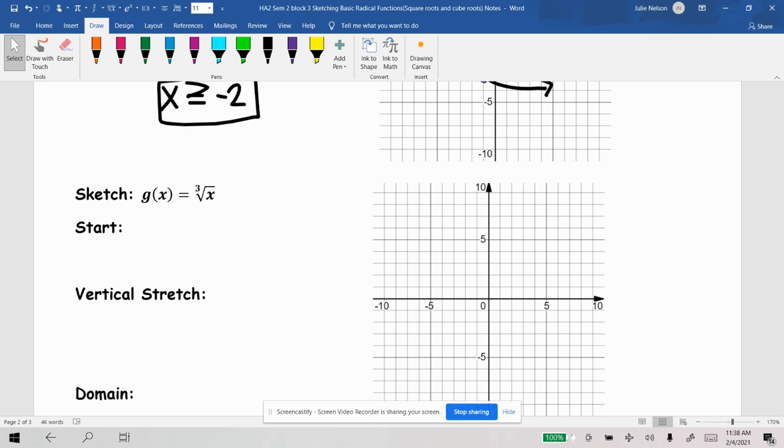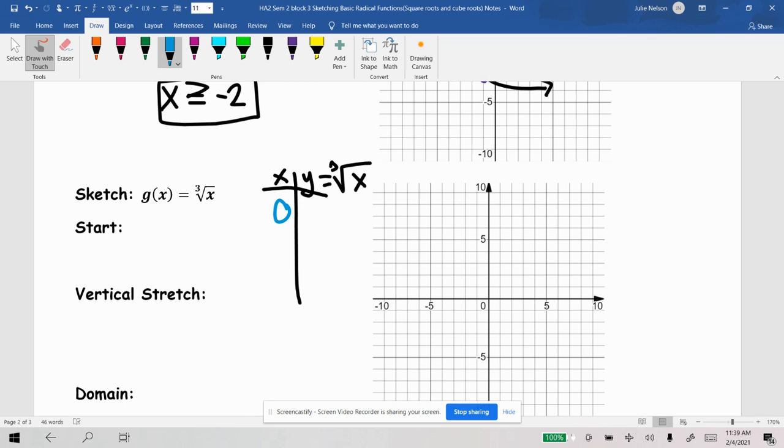So now I want to look at the basic cube root function. Okay. So again, I haven't graphed this before, so I'm going to go ahead and just plug in some numbers to get an idea what this looks like. So I want to plug in 0 because 0 is an easy number to plug in.